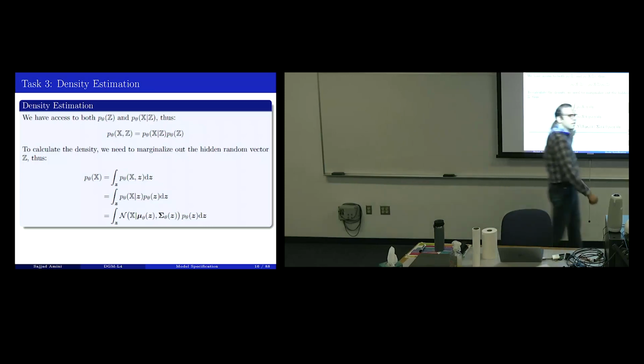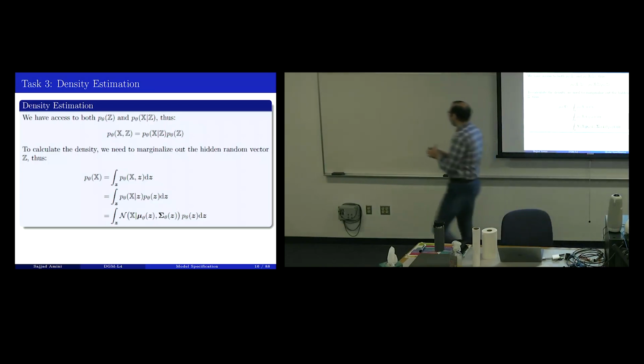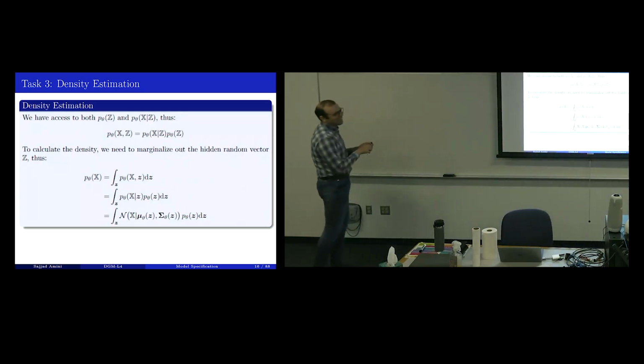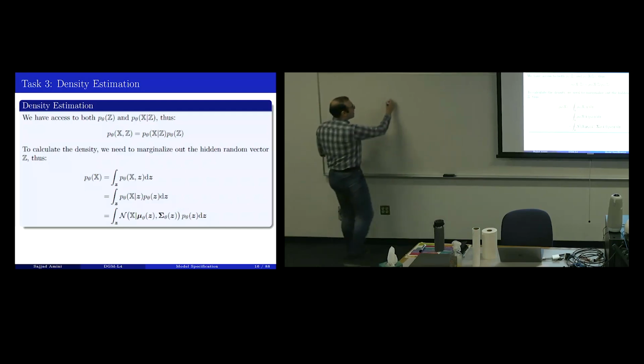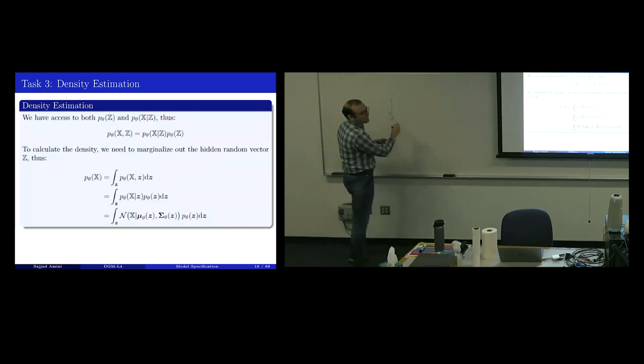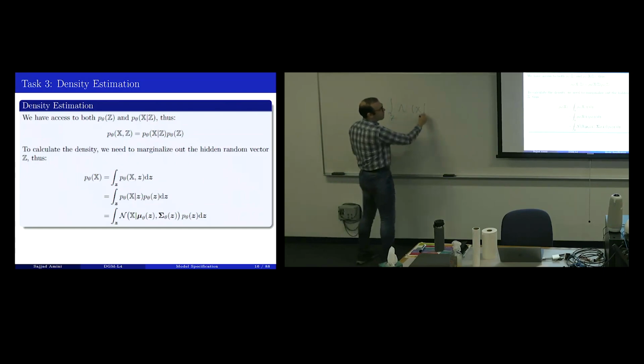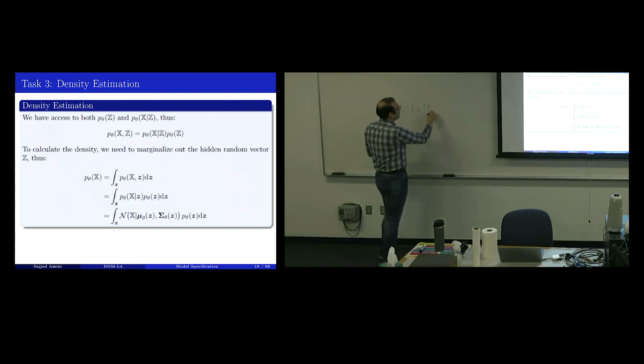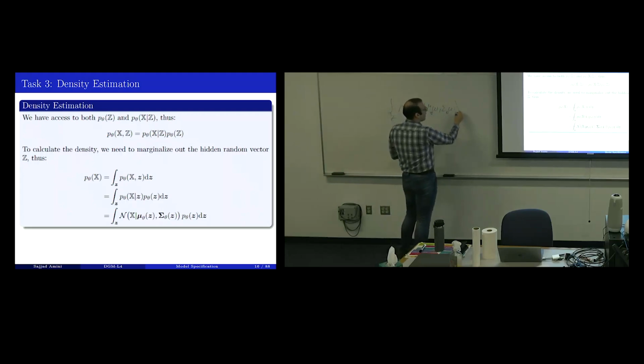Yes? I don't get why this integral is intractable. Look at the integral. It is a very strange integral. The integral over z of a normal, we know what the formulation for a normal is. Again, a normal.